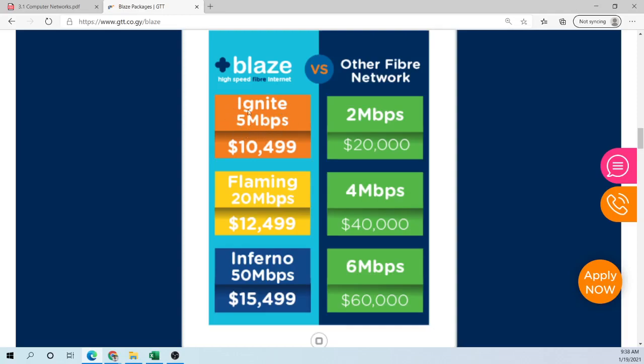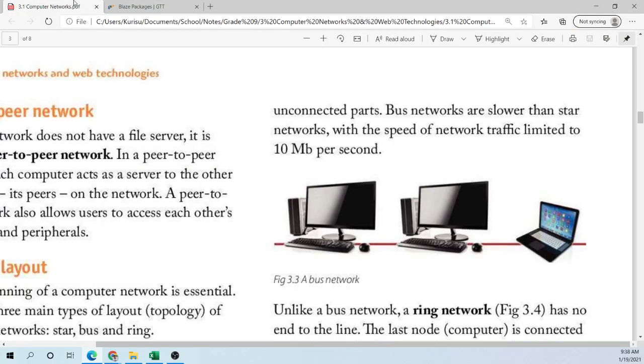So when you do the conversion now, you would see that your download speed is correct. Anyway, you get the idea. So network speed is measured in bits per second, not bytes. So always take note of that. If you want it in bytes, you would have to do that 8-bit conversion.